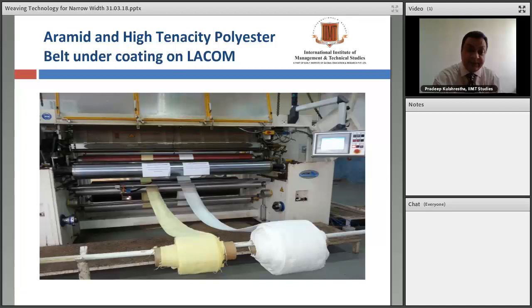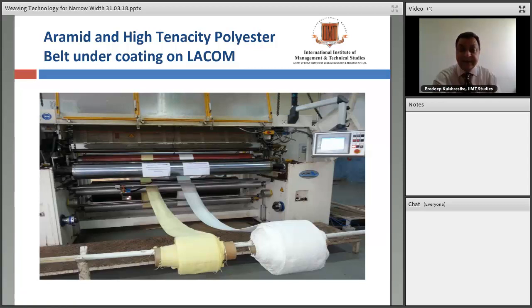Now, in the next slide, if we see some segments of use, if we want to use narrow belts, we require some additional processes to increase their characteristics in terms of strength and smoothness. For example, here you can see one aramid belt, then one high tensile polyester belt.